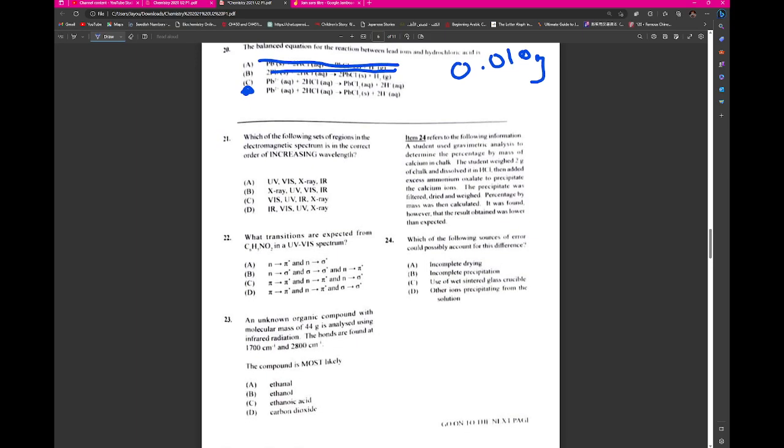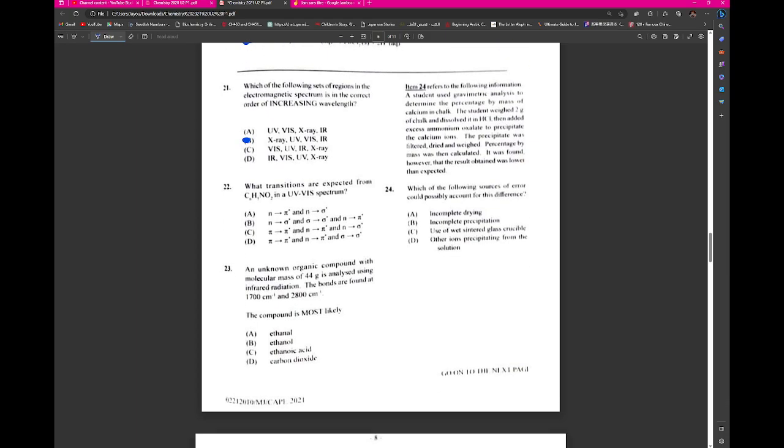Wonderful. Which of the following sets of regions in the electromagnetic spectrum is correct in increasing wavelength? We see that we're going to have X-rays, then UV light, then visible light, then IR. Now, the transitions expected in that molecule in a UV-Vis spectrum. If you have UV-Vis activity, you need to have free electrons, lone pairs, and probably a double bond or so.